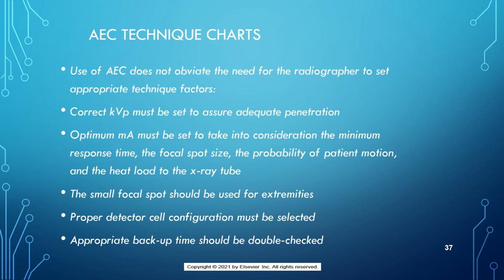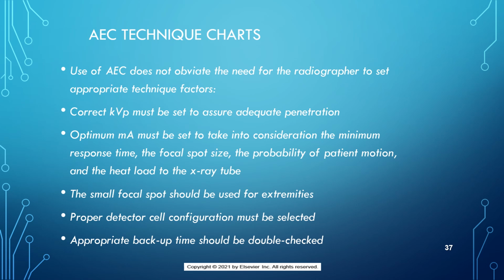AEC technique charts. If you go to the trouble of making the technique chart, you still need adequate penetration. Now it says optimal mA, to consider minimum response time. So the mA has to be small enough so that the minimum response time is not competing with the total exposure time.